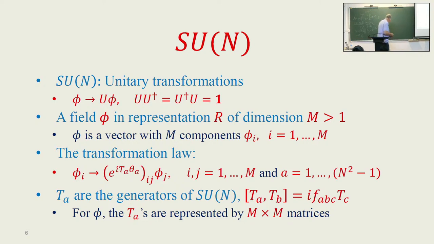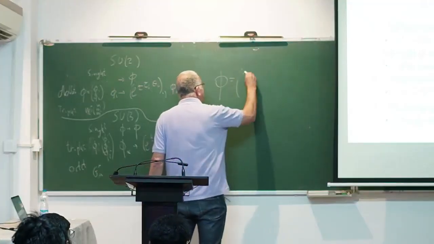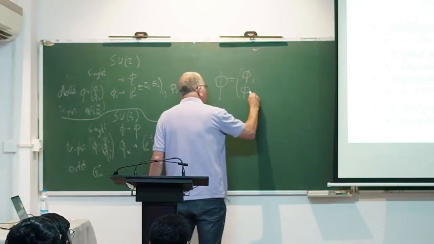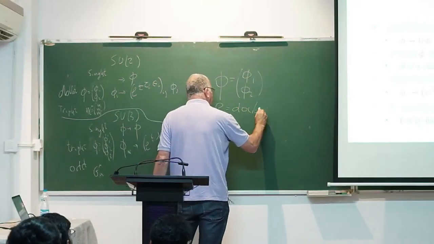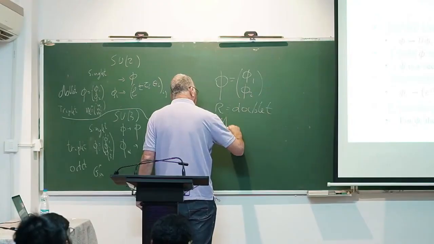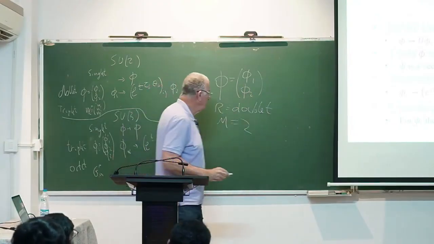So, if I have some phi with 2 components, let's call it phi 1 and phi 2, then R is called a doublet, and m is 2, the number of components here.